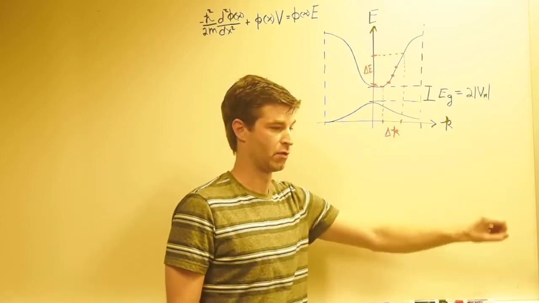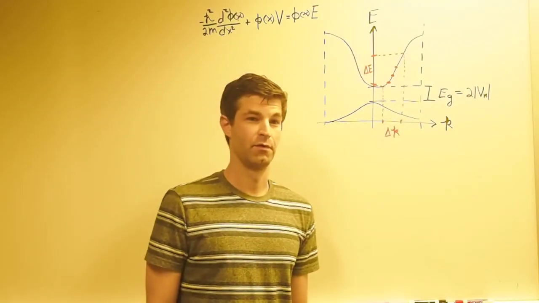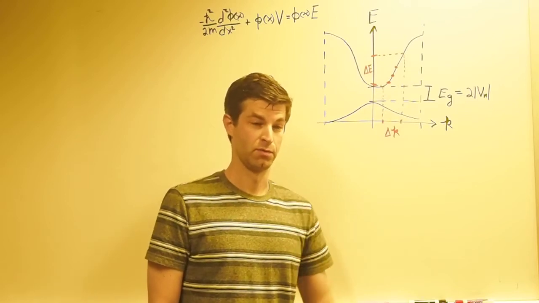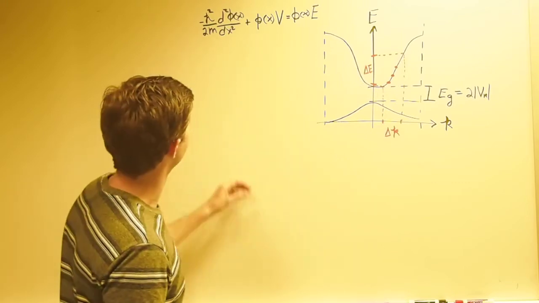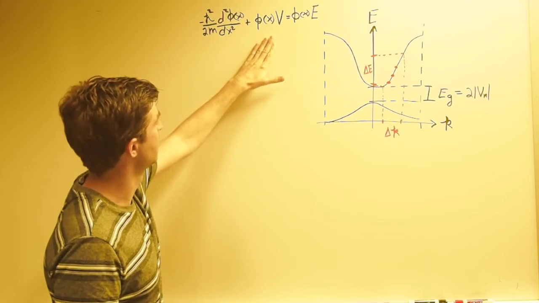V sub n is your Fourier coefficient for potential energy for the nearly free electron model, which we will maybe go into in another talk. But I also have the time-independent Schrodinger equation up here for one dimension.